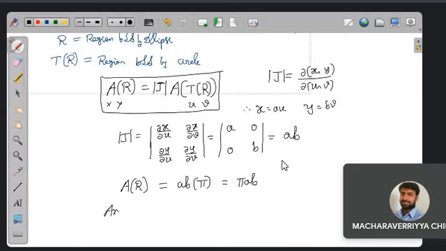In other words, this is what we wrote here. So the area bounded by an ellipse is equal to the Jacobian into the area bounded by a circle.